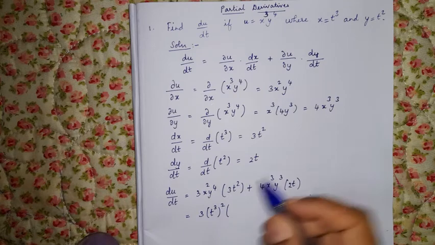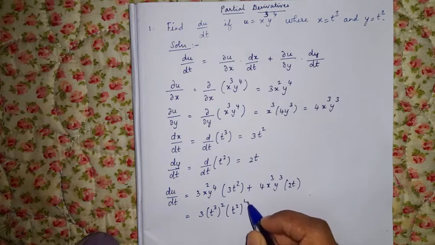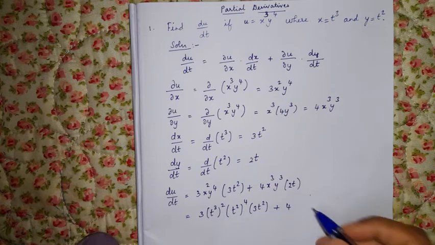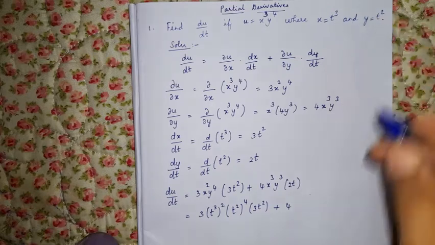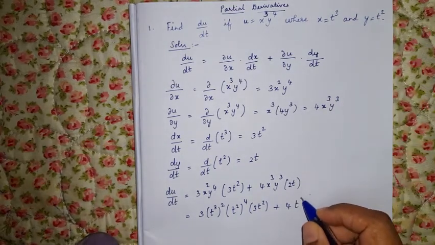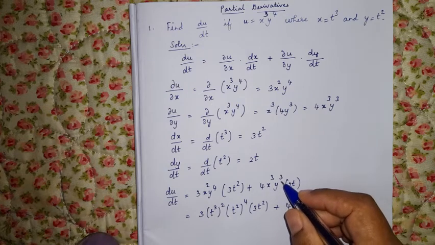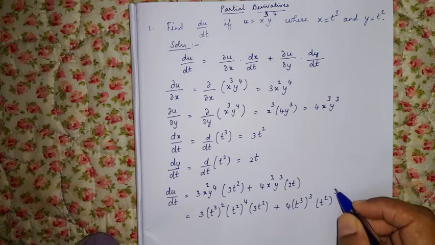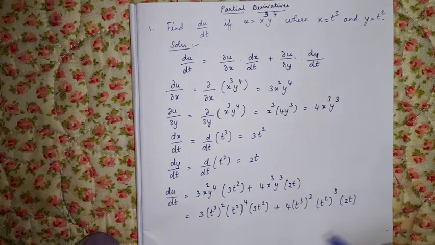What is y power 4? t square the whole power 4, into 3t square, plus 4 into x cube. You have x cube, so t cube the whole cube instead of x cube. y cube, you can put t square the whole cube, and this 2t remains the same.